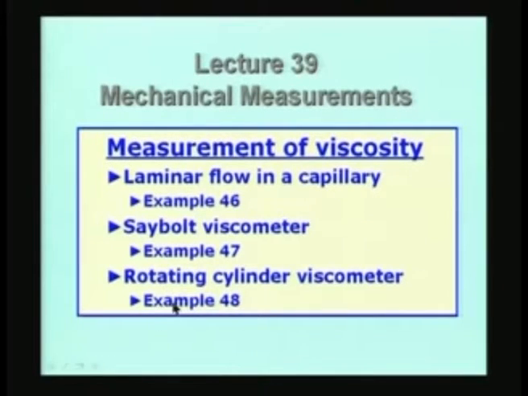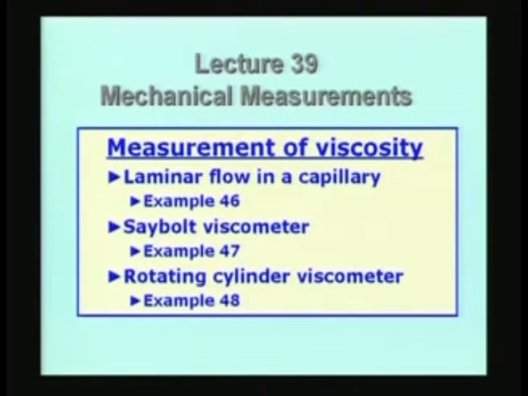The first one will be the use of laminar flow in a capillary tube, which can be used for both liquids as well as gases. The second one is a Saybolt viscometer, which is useful for only liquids, and a rotating cylinder viscometer, which again is used for liquids.